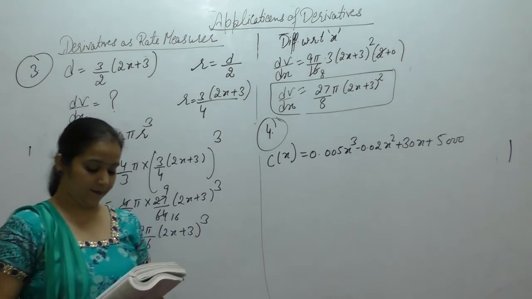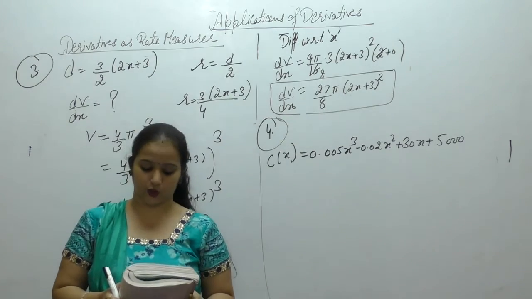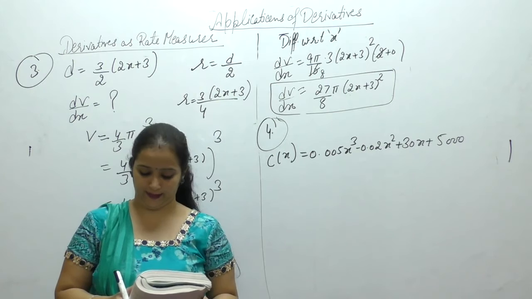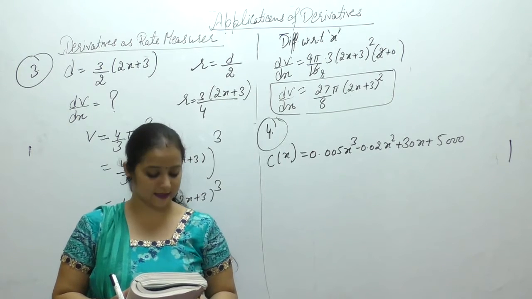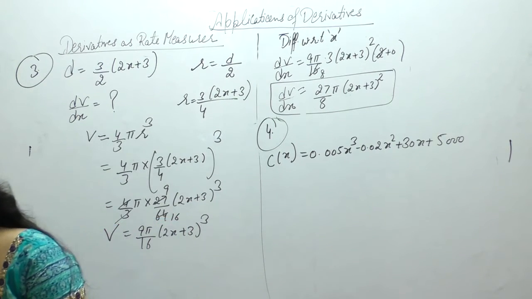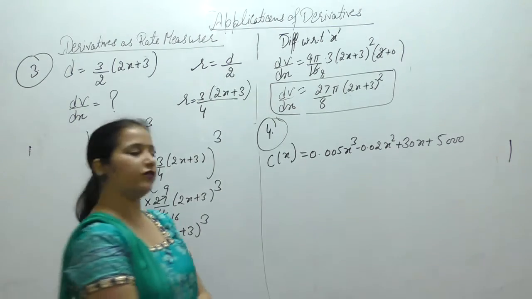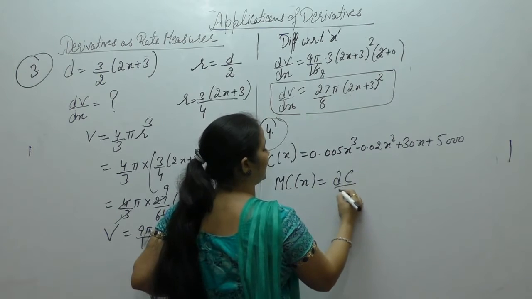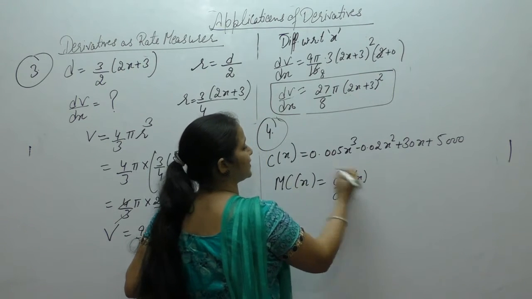Find the marginal cost when 3 units are produced, whereby marginal cost we mean the instantaneous rate of change of total cost at any level of output. Marginal cost is equal to derivative of this function with respect to x.